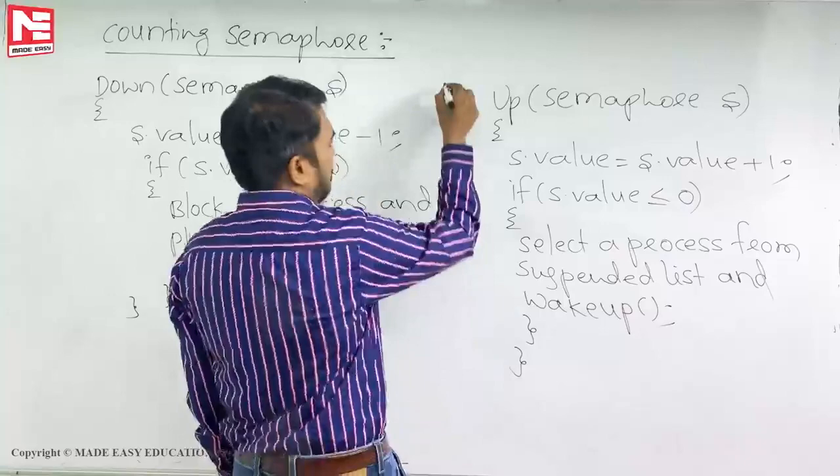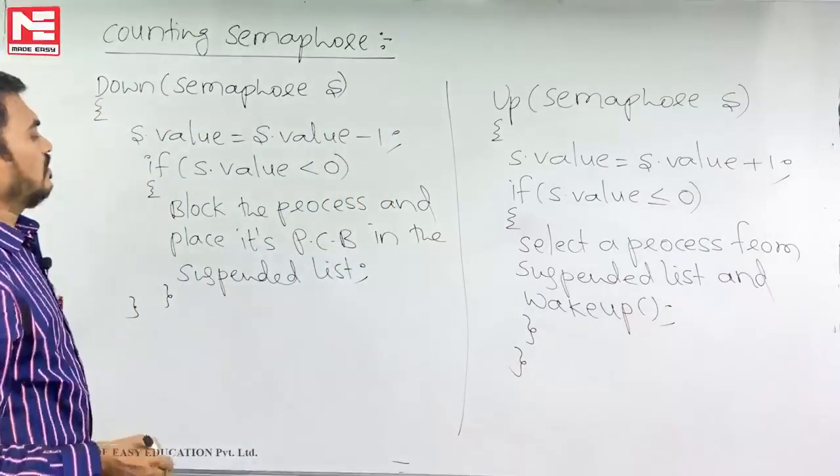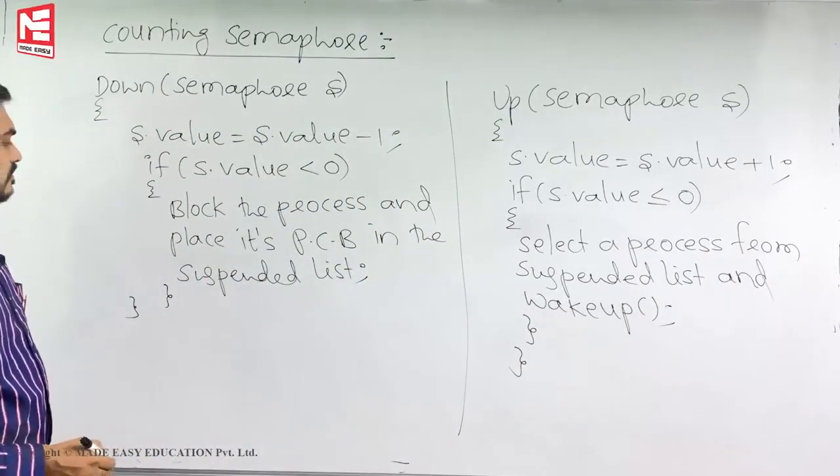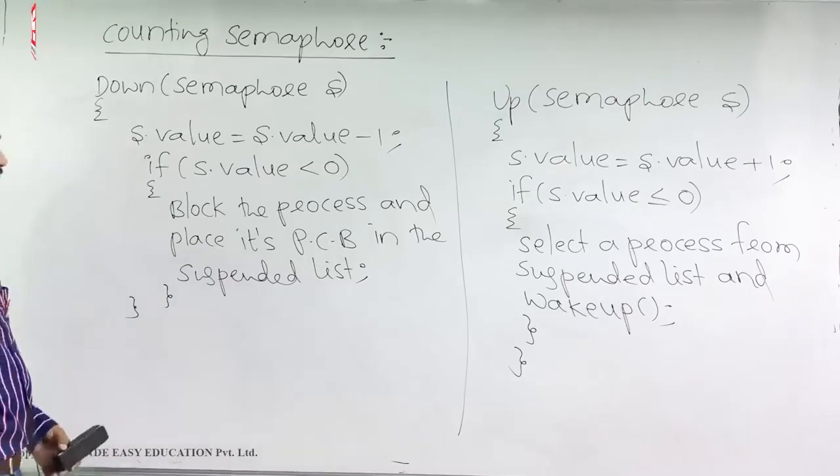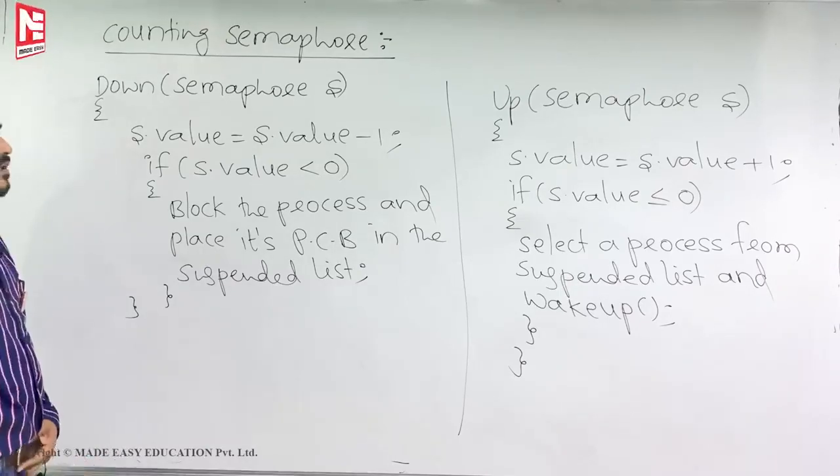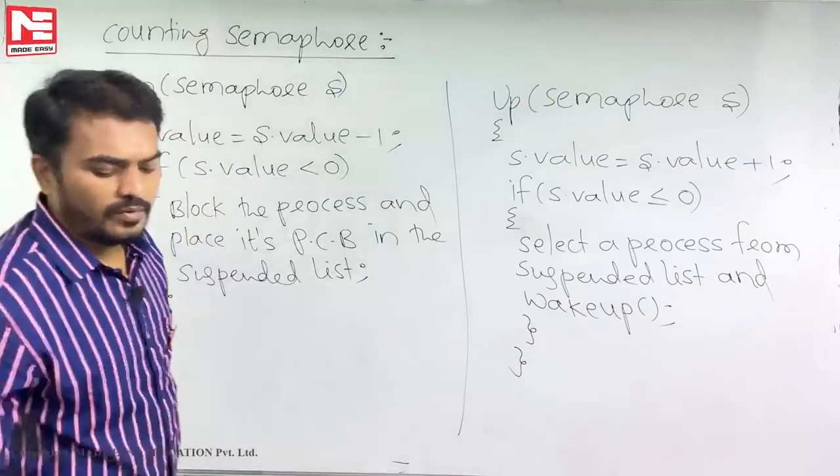Select a process from the suspended list and wake it up. So copy this. Properly copy both the down and the up operations.